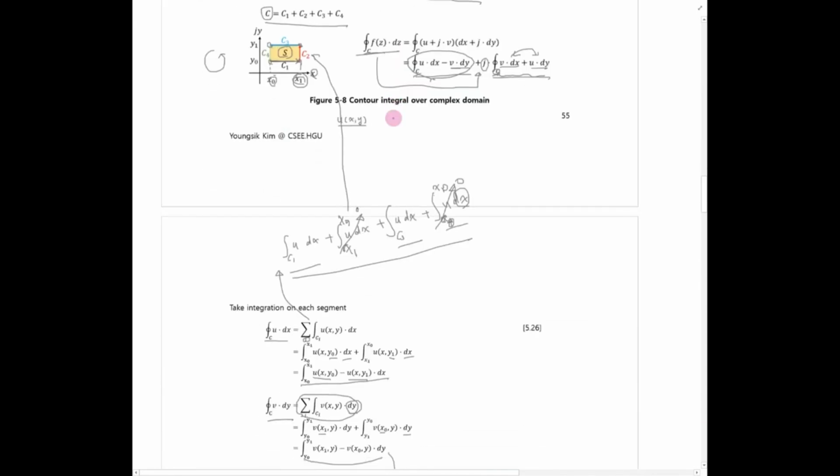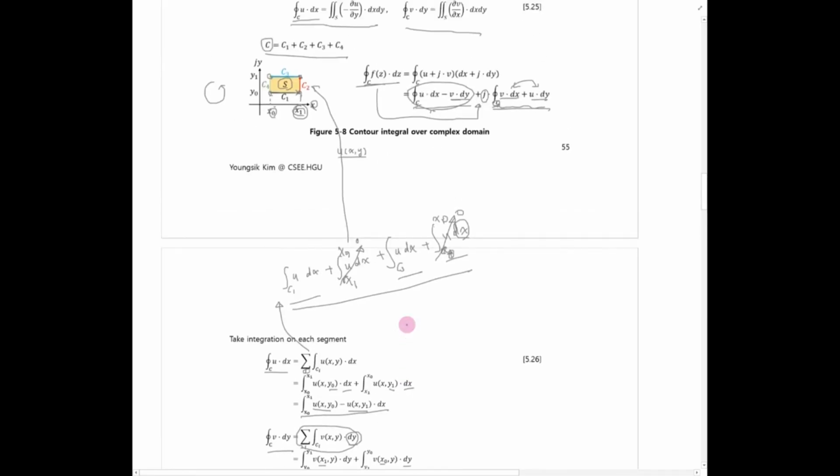So partial u of partial x minus partial v of partial y should be 0 to satisfy the analytic conditions. Okay. So this one should be 0 because of these Cauchy-Riemann conditions. Then we can understand that any given analytic function integrated over a closed contour should be 0. That's the result of the Cauchy-Riemann conditions.